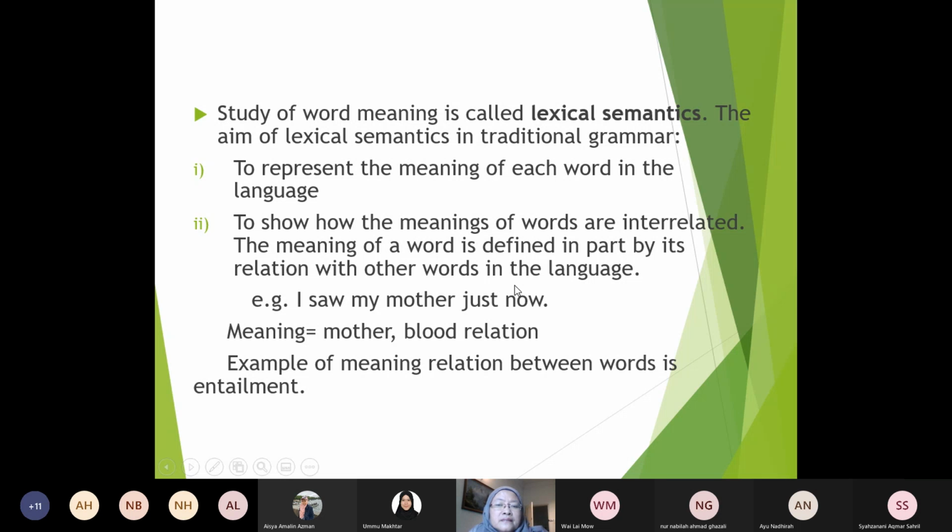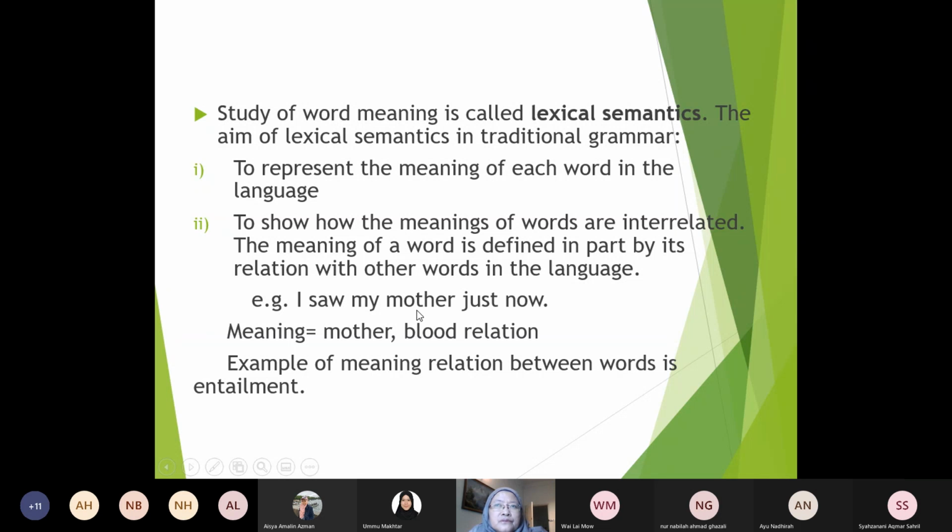A word meaning is never alone. Even for grammatical forms, they have meaning, and they have to depend on the content words. So content words themselves need other words to get their meaning. So for example, the sentence "I saw my mother just now."